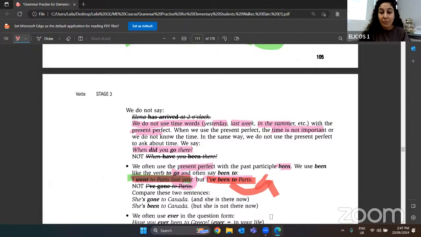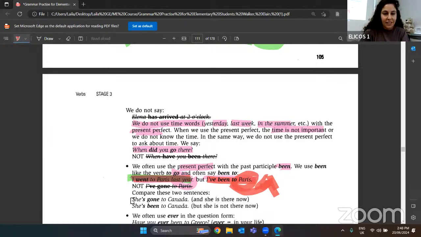So it's just saying I have been to Paris. Usually we use been when we talk about our experiences. I have been to Paris. I have been to hiking. So it's just using it with a place, but not saying when we did the action.